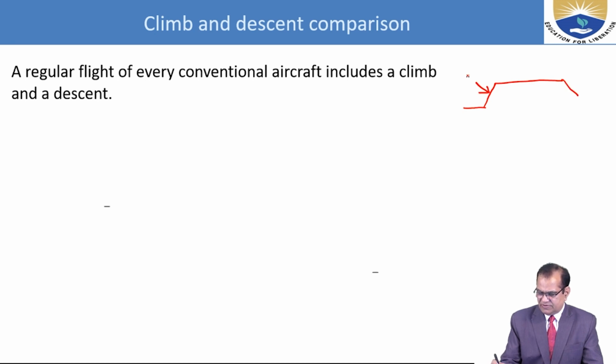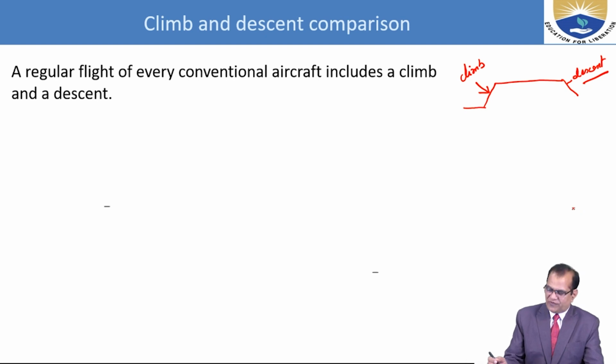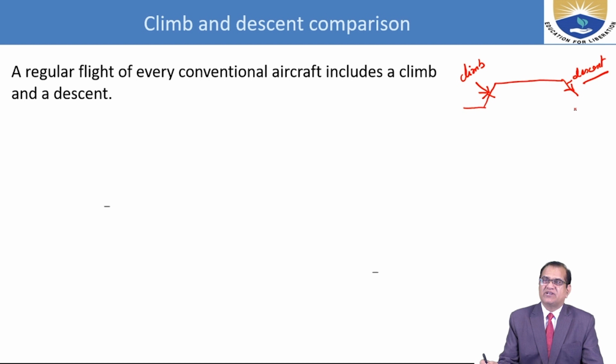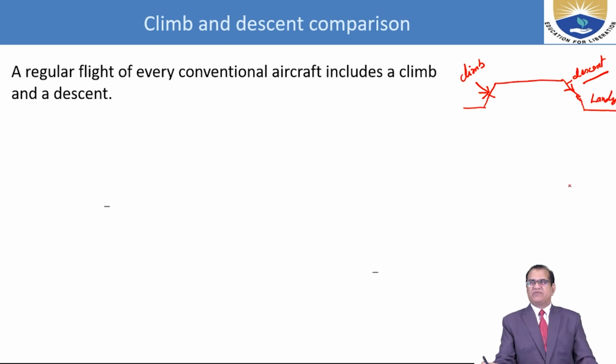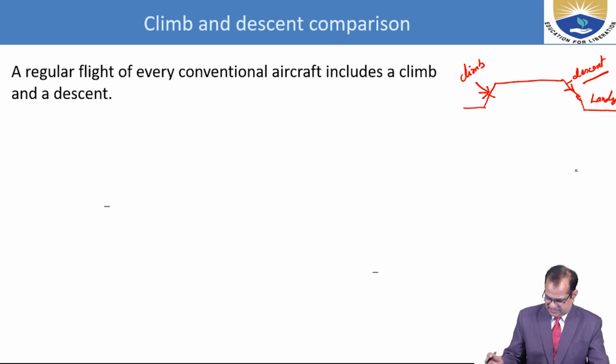This is the climb, and this is opposite to the climb, it is called descent. Okay, so these are the two phases. It is going upward and this is coming downwards, and then here some loiter, then it is landing. So every flight will have to climb and then it has to descend.